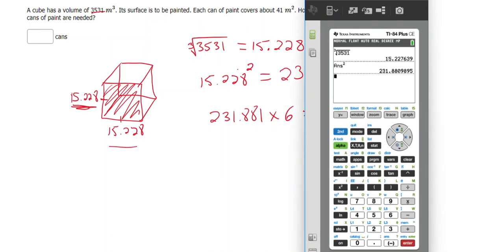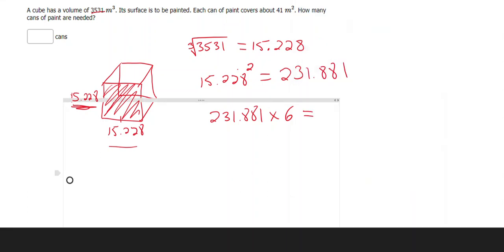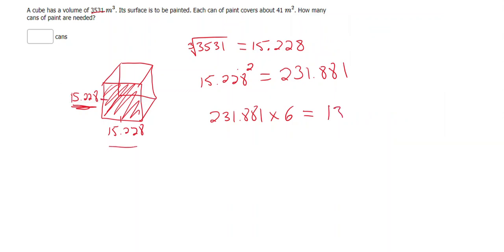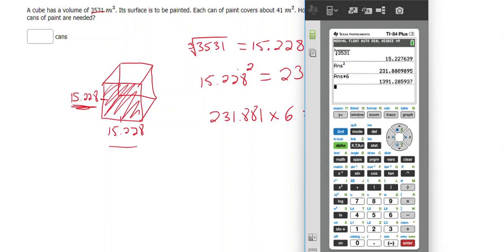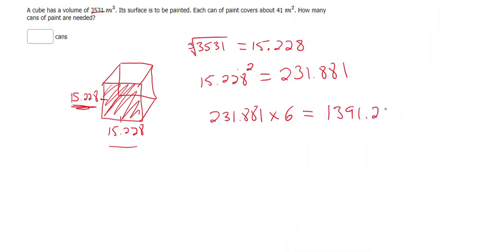So I get 1,391.286. All right, so that is my surface area there.